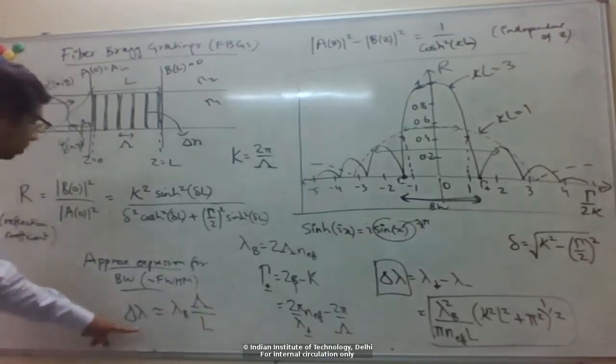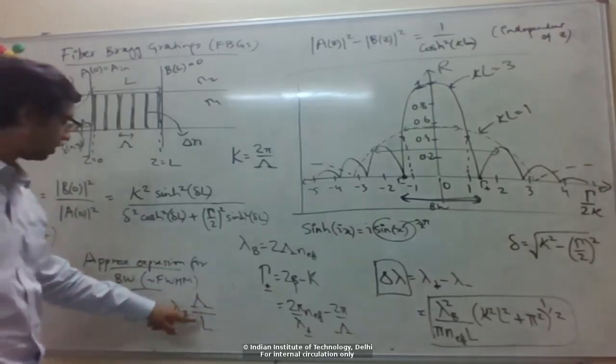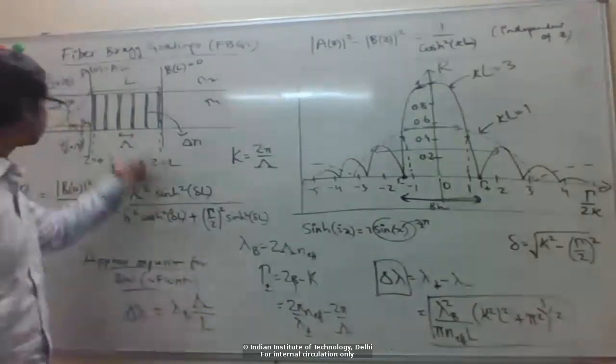So it's basically the Bragg wavelength times the ratio of the grating period to the length of the grating.